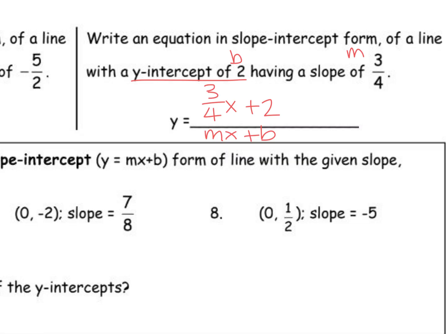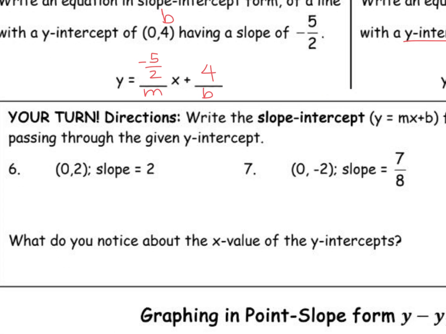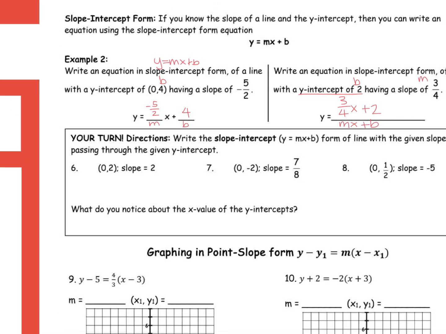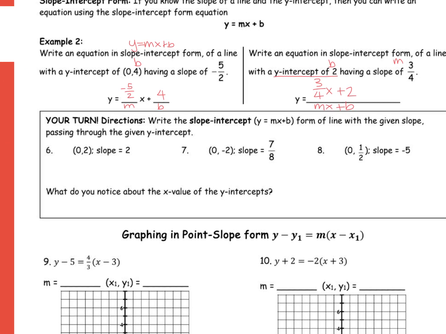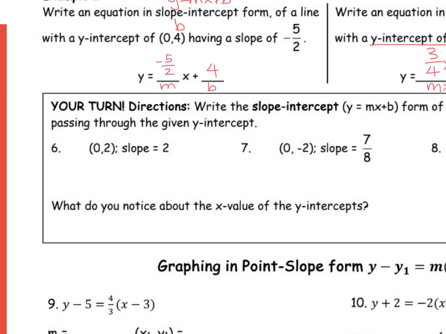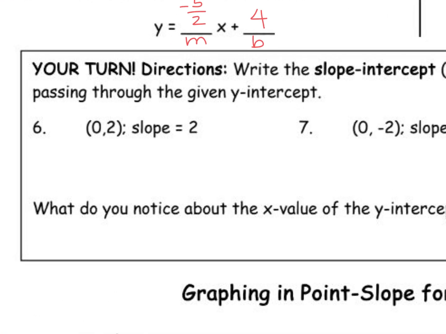Hopefully you're feeling more comfortable with that. So now let's take a little bit. Write the slope-intercept form, y equals mx plus b, given the slope and the y-intercept. So this is you trying. You should have written y equals 2x plus 2.